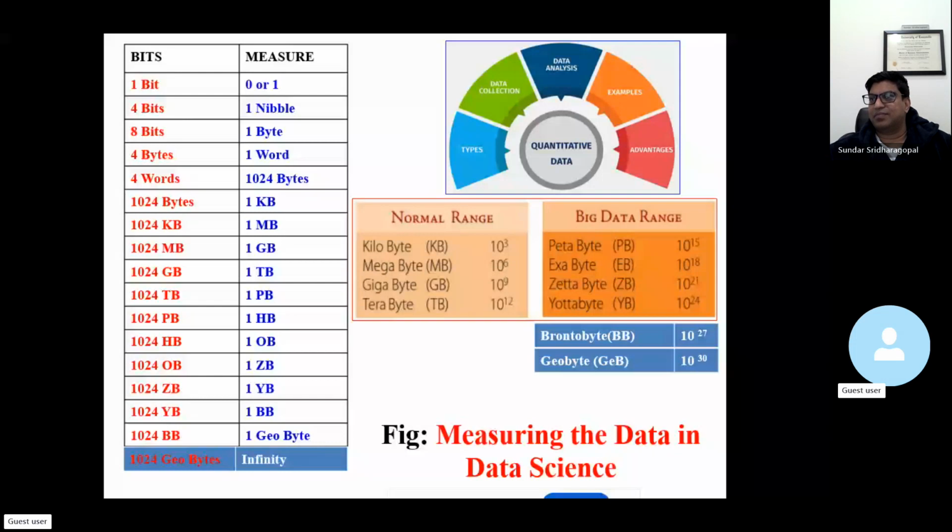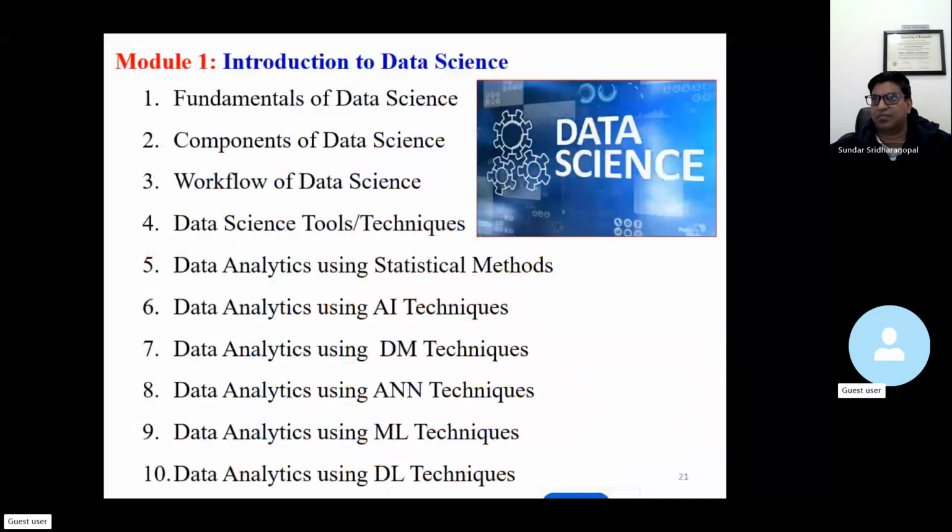So next, coming to the introduction to data science, here I'm going to cover 10 topics: what are the fundamentals of data science, what are the components we are dealing with in data science, what is the workflow of data science, what are the tools and techniques, and how do you measure and analyze data analytics by using statistical methods like logistic regression, linear regression, nonlinear regression, binomial distribution, Poisson distribution, normal distribution.